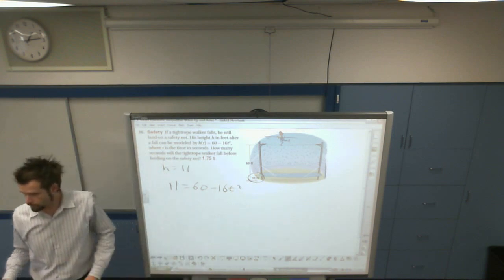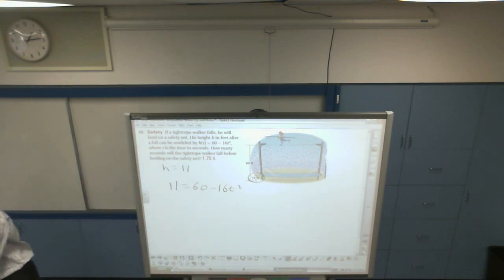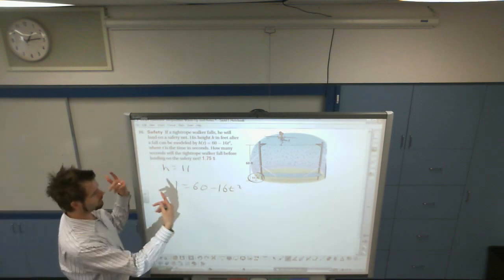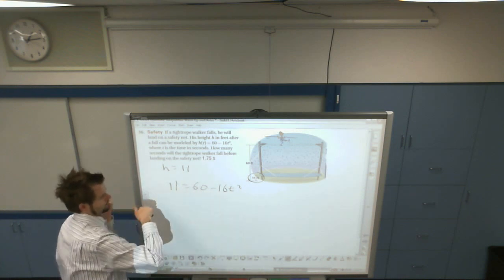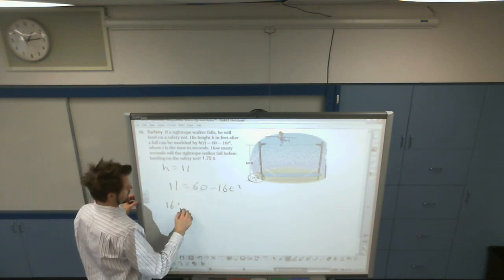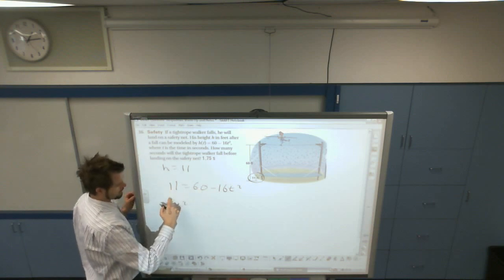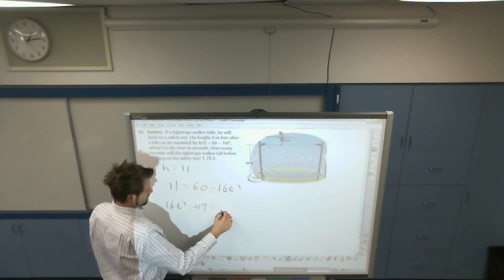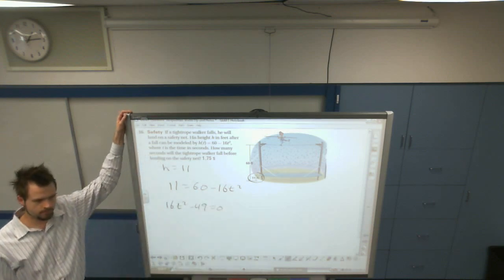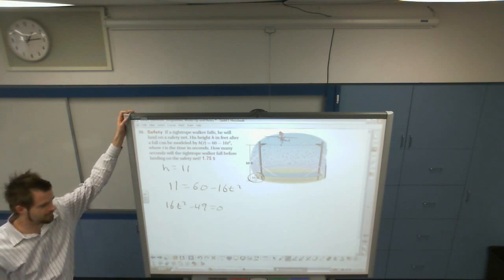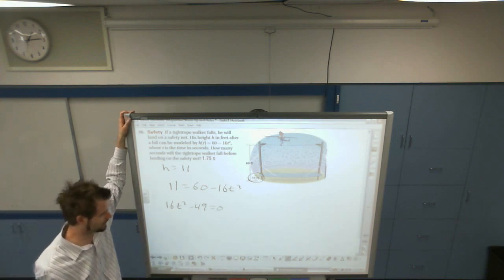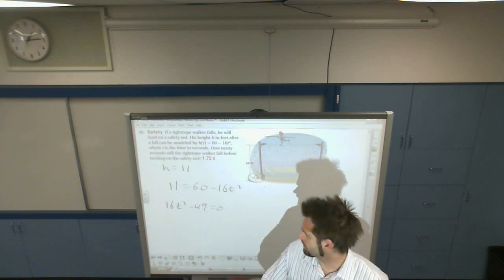Now, if we're going to solve this, we must set it equal to 0. Let's move these guys over here. I'll have 16t squared. If I subtract 60, that's negative 49. Now let's be smart here. The goal is always to be smart, but in particular, I know this is the quadratic equation section.